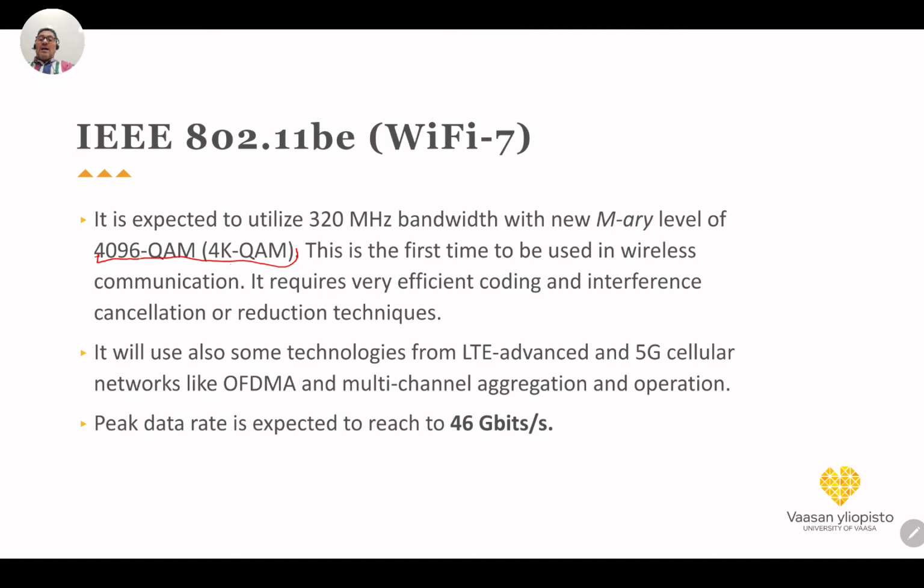It is very high number of bits per symbol, and also it utilizes 320 megahertz bandwidth, which means that it can support up to 46 gigabits per second. It is really huge bit rate. So this is the seventh generation that it is expected to come within like 2 years.